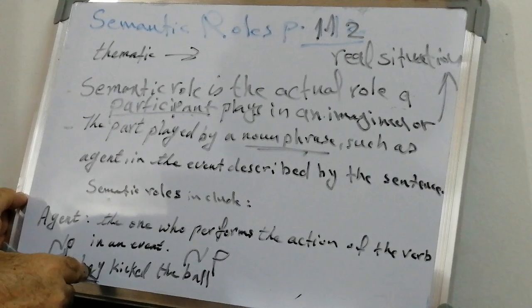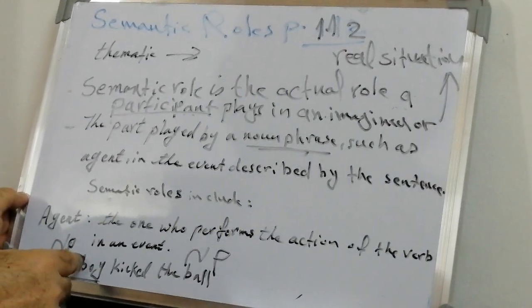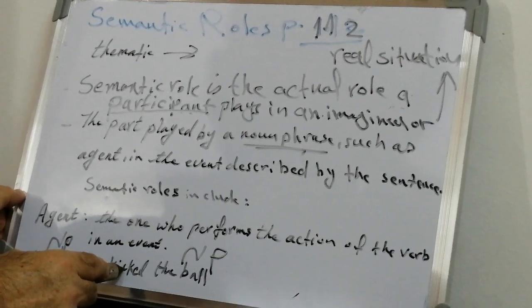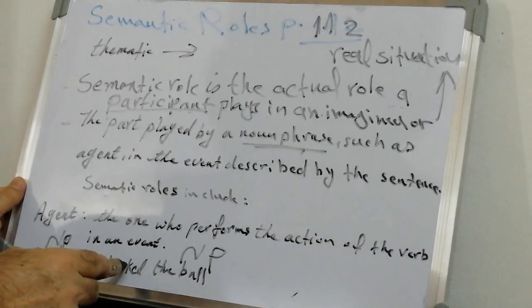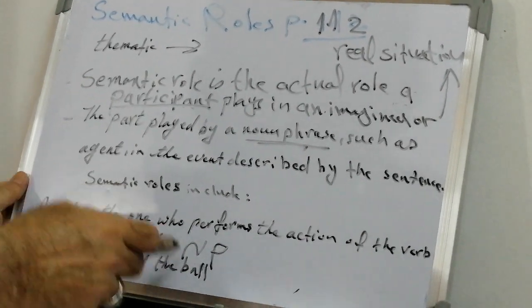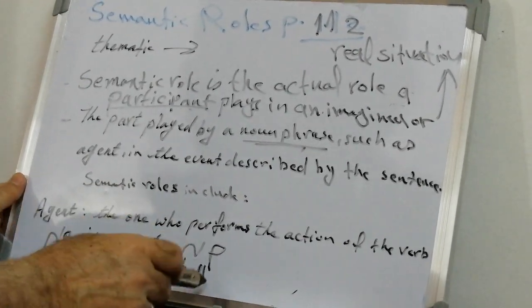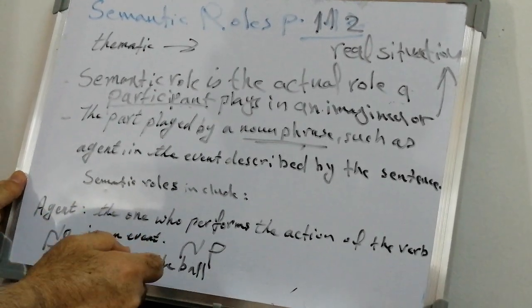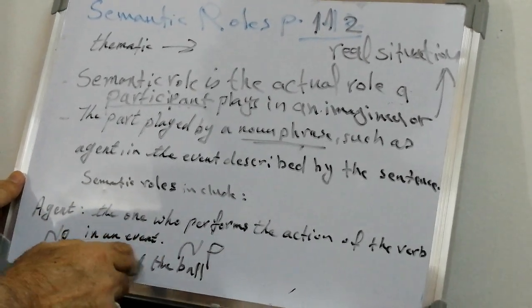What did the boy do? He performs the action. What is the action of the verb? It is kicking. Okay, we have an event now: the boy kicked the ball.